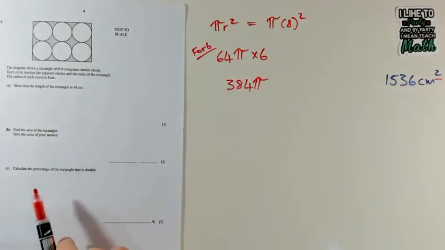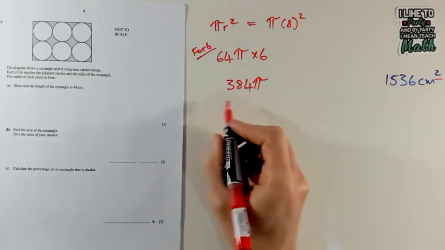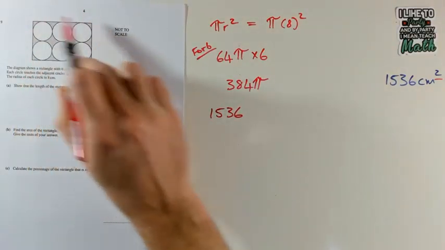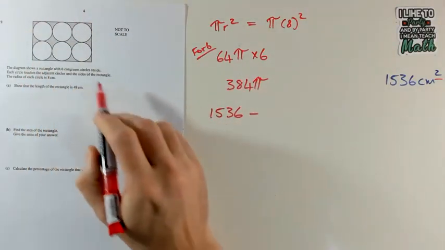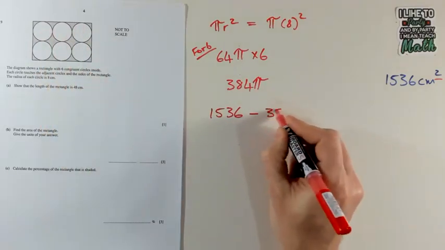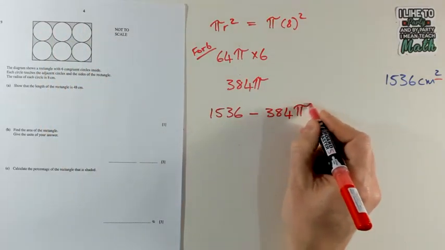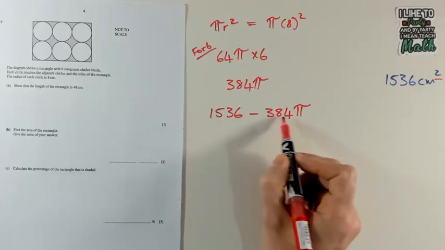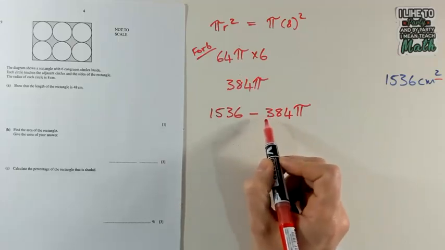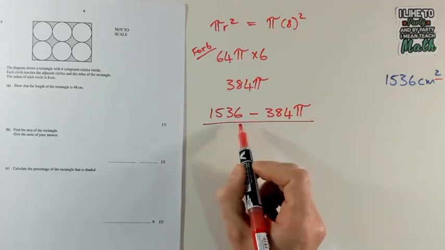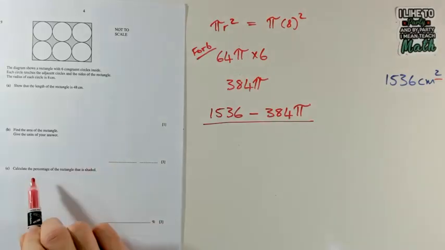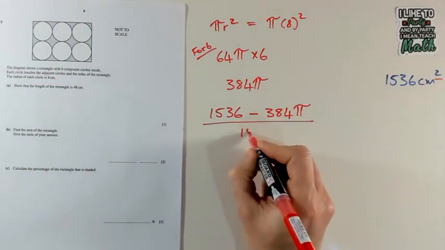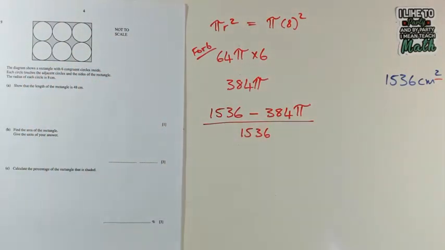And now I need to subtract that because I have the 1536, that is the whole rectangle, and then minus all the circles, 384 pi. This would be the shaded bit, but because I want the percentage, I want everything over the total amount of area there is in the rectangle, which is going to be the 1536 part.